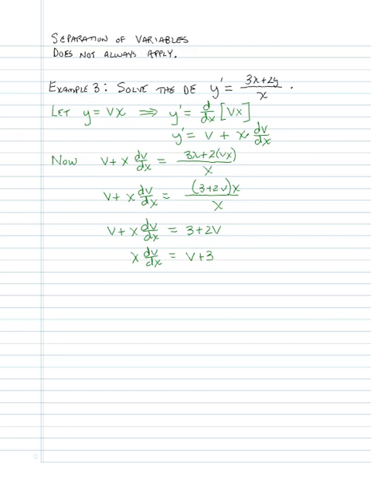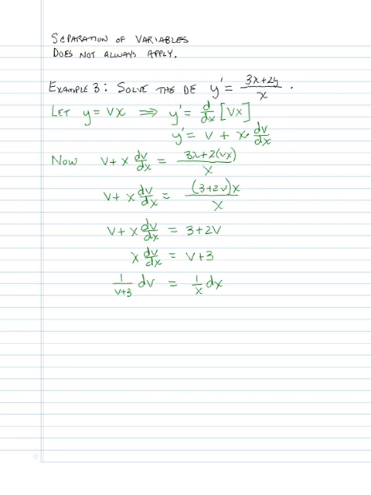So we end up with 1 over v plus 3 dv is equal to 1 over x dx. Now, we have the variables separated. We integrate both sides. When we integrate the left side, because if we replaced v plus 3 with a u, then du would just be dv.